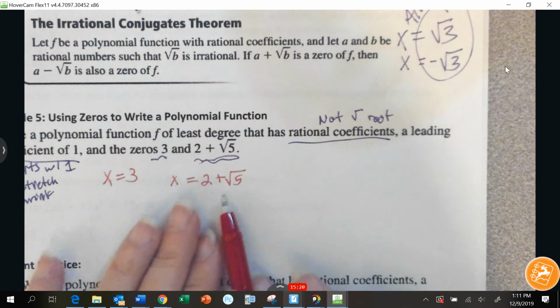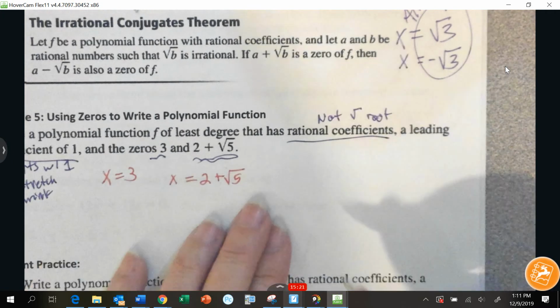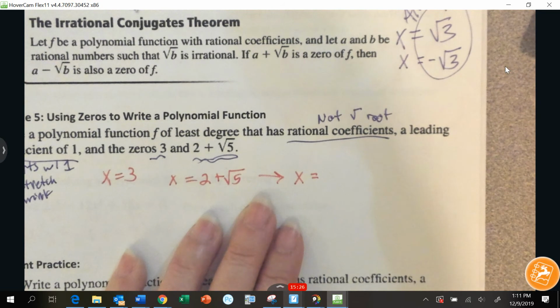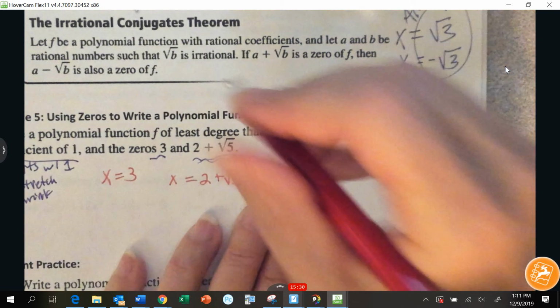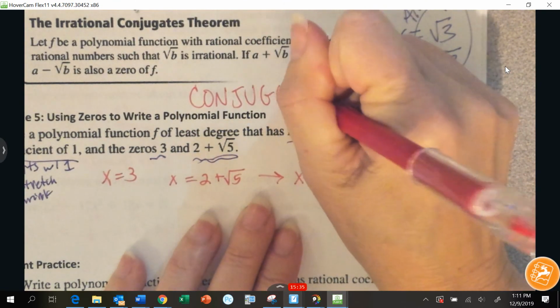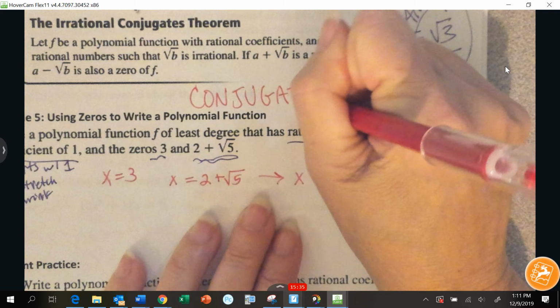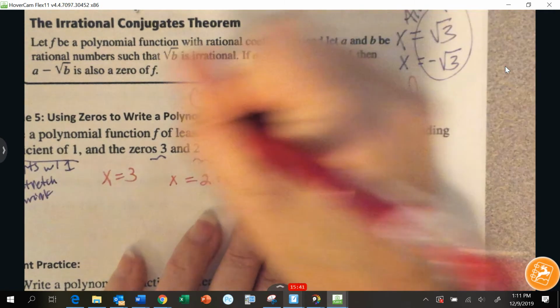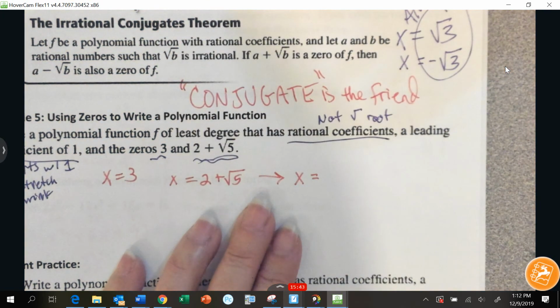So because I have a square root, we have to put in its friend, and it's what's called the conjugate.